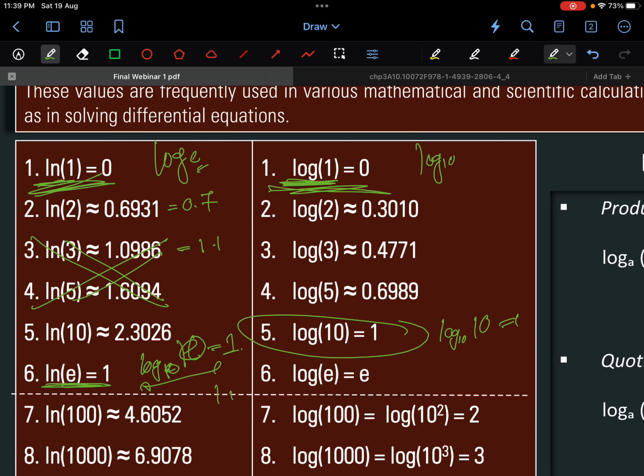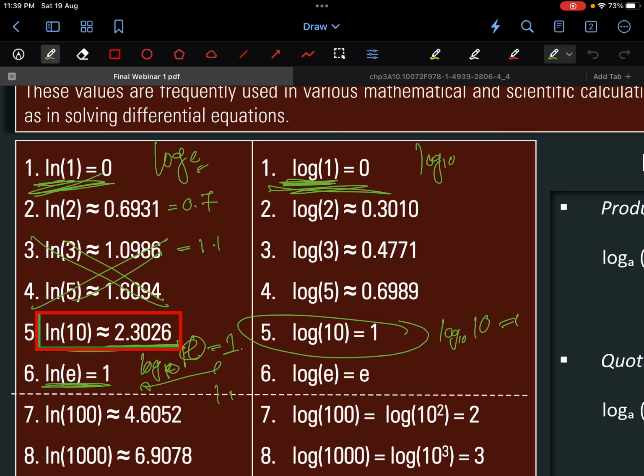Okay, so in the ln chart, ln 1 is equal to 0, ln 2 is approximately 0.7, and ln 10 is 2.3026. This number is extremely important, because this is the number that we use to convert ln to log. Don't forget this under any condition.